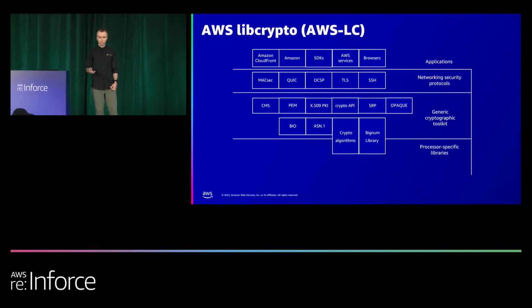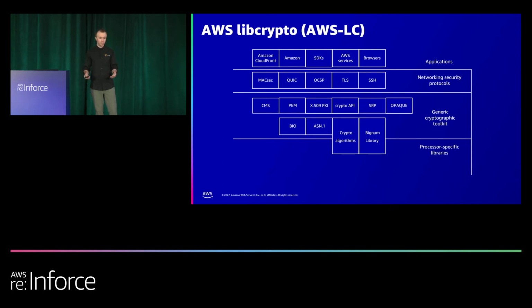Cryptographic toolkits will provide both the algorithms and some of the utility functions you might need in your higher level protocols and applications. You might be familiar with X509 certificate parsing and validation. This is how AWS services authenticate themselves to you as the customer to make sure you're connecting to the real AWS services. Inside these toolkits, you will also find the algorithm implementations.